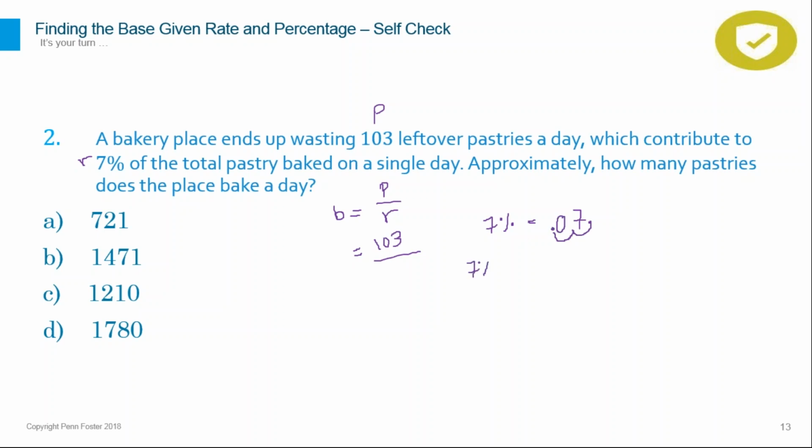So the 7% is actually equivalent to 0.07. When you divide 103 over that decimal number, it will give you 1,471 pastries. So that bakery baked that number of baked goods and discarded 103 of them, and that contributes to 7% of the total production a day.